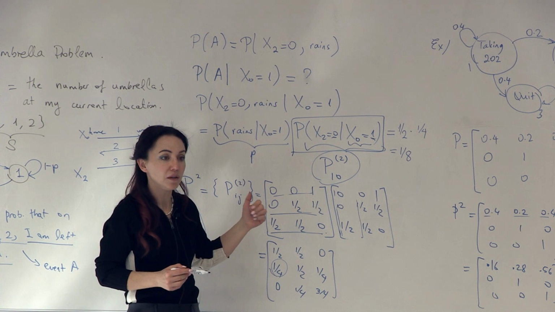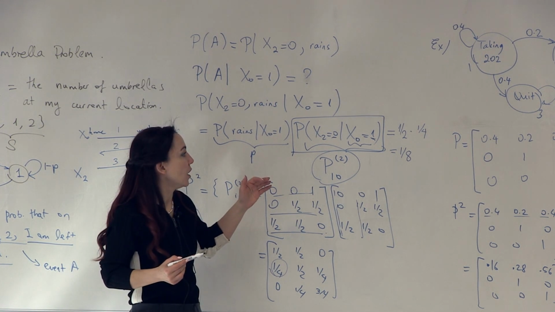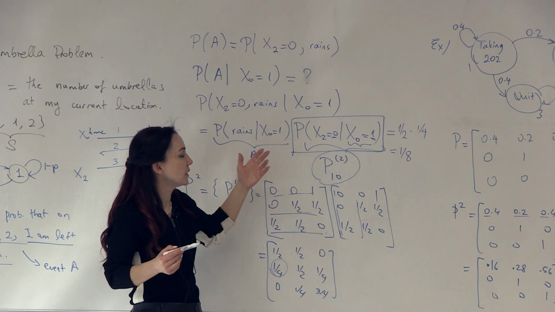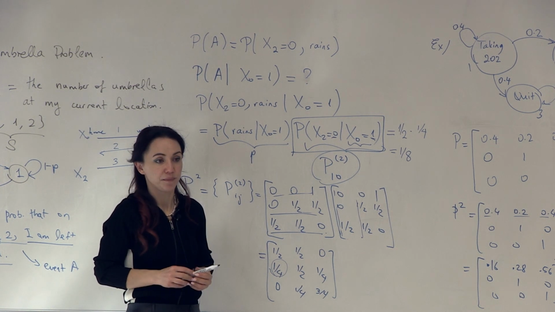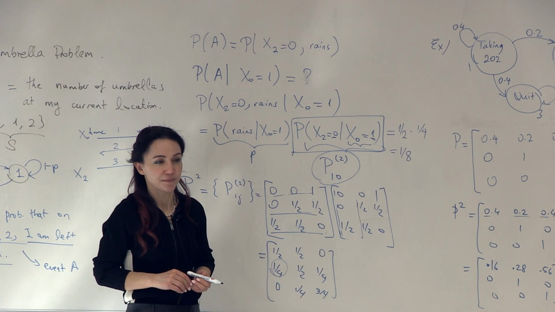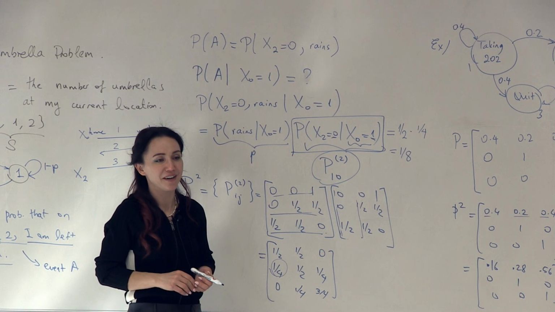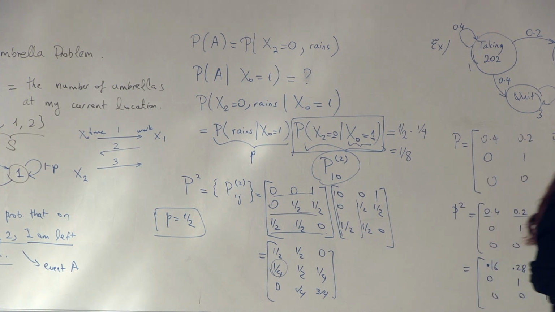So after a while, we will reach a steady state where essentially the probability of being in the 0 umbrella state does not depend on time. Right, and I will precisely define this later on. Okay, so let's do another example.